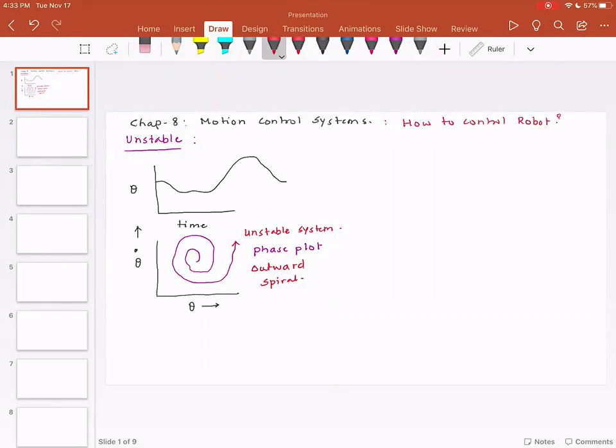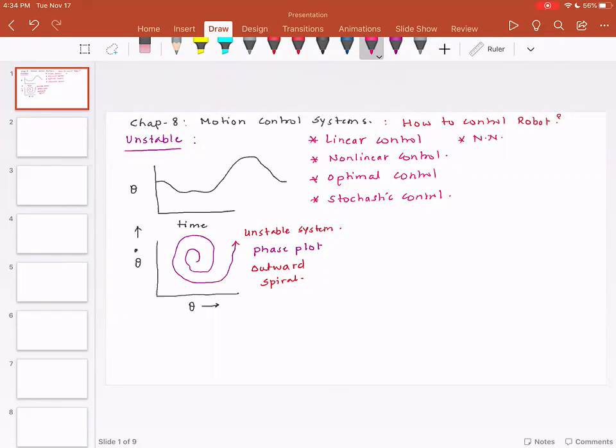And then there are various techniques. There is something called linear control. There is something called nonlinear control. There is optimal control. There is stochastic control. Then there is control based on neural networks, so neural network control.